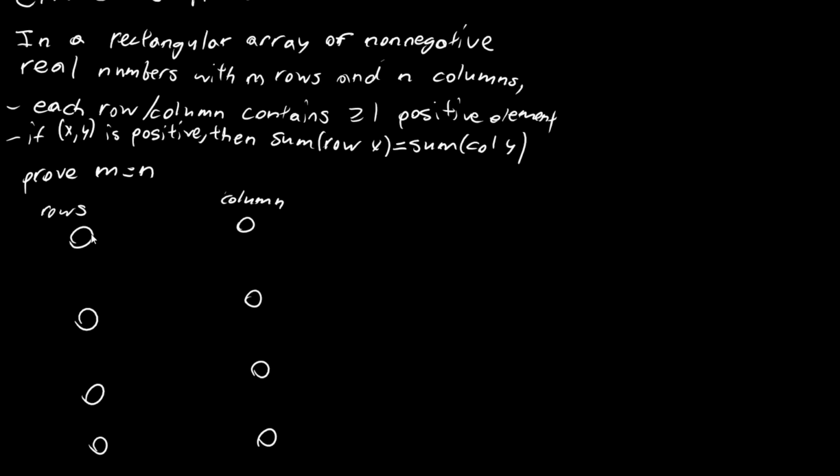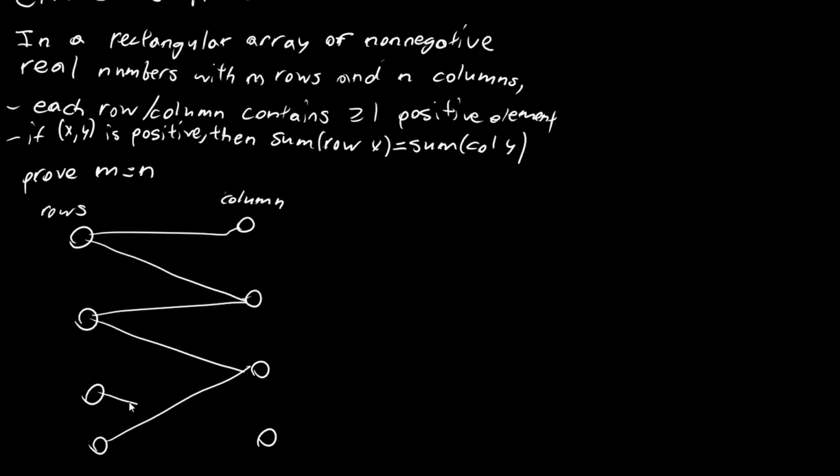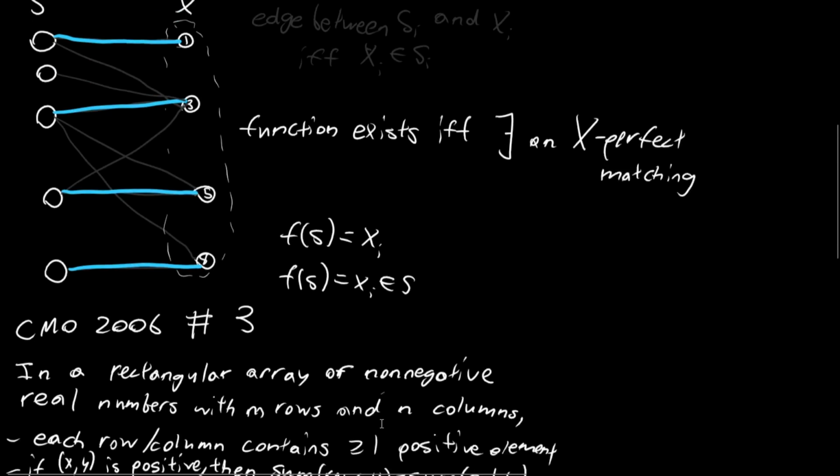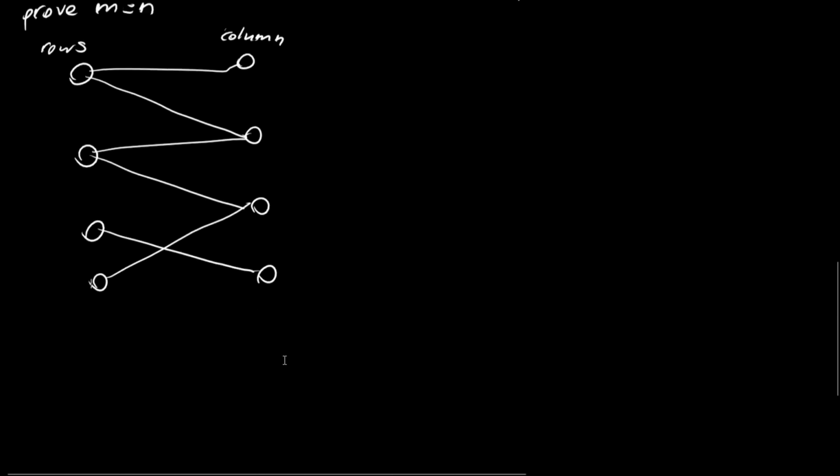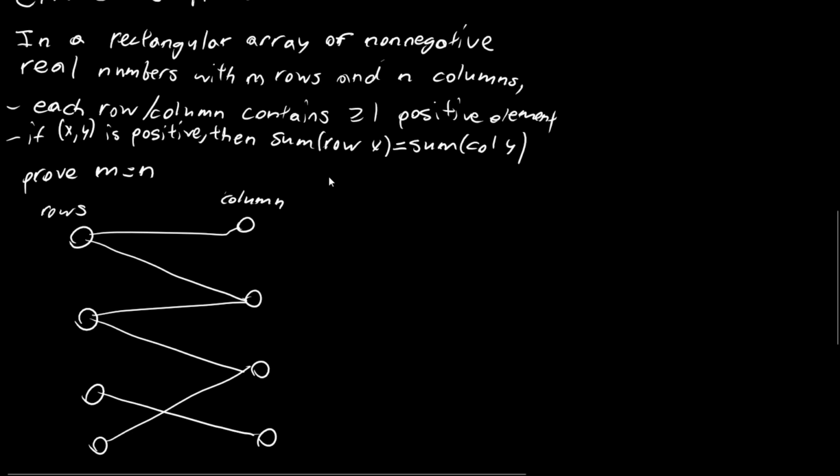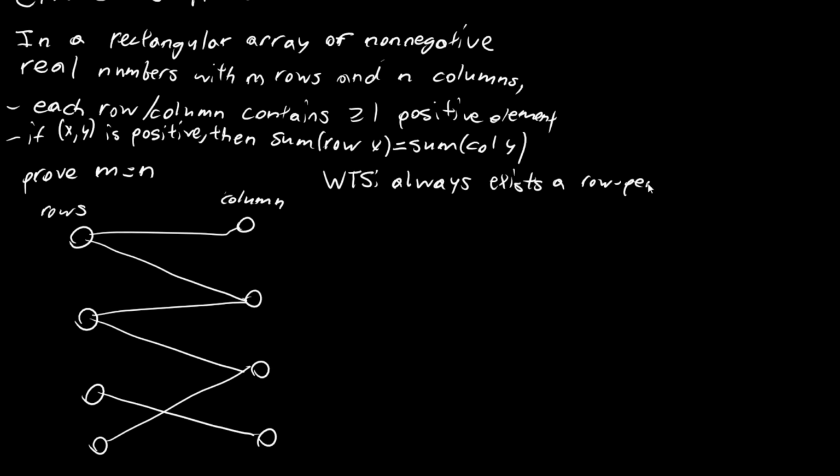So we're going to have some bipartite graph, and we're going to prove that there always exists a row-perfect matching.